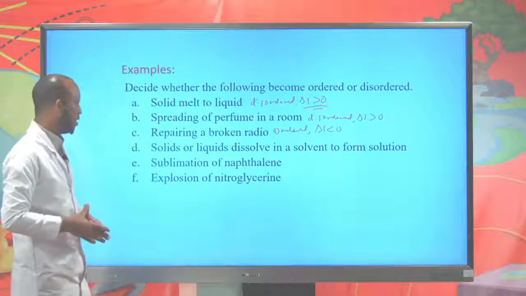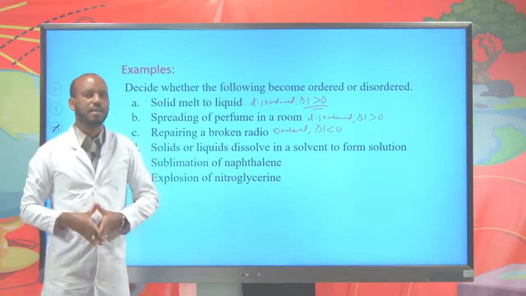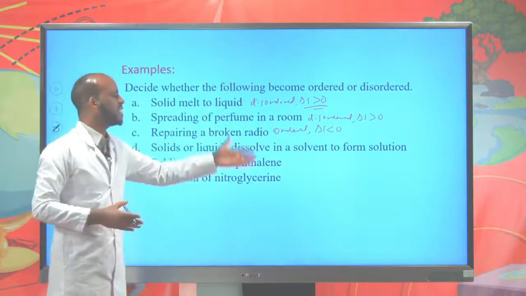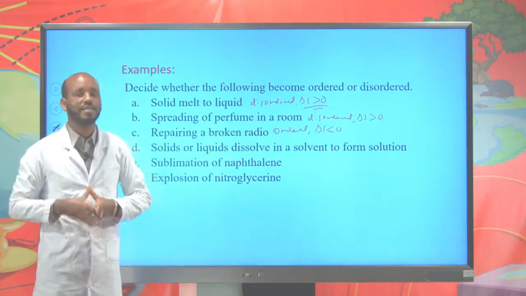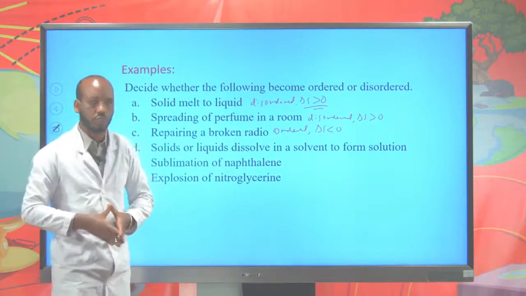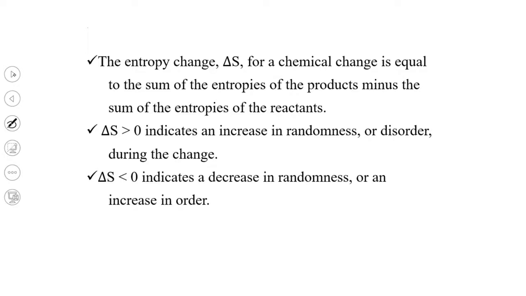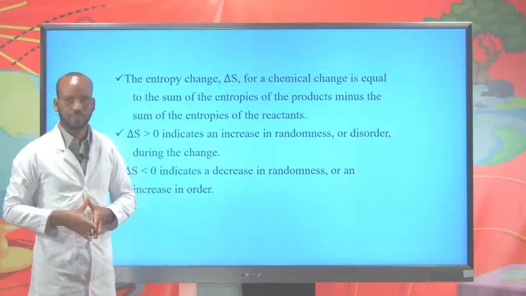Therefore, entropy is the measure of the degree of randomness or disorder of a system that undergoes a change. The entropy change, delta S, for a chemical change is equal to the sum of the entropies of the products minus the sum of the entropies of the reactants.